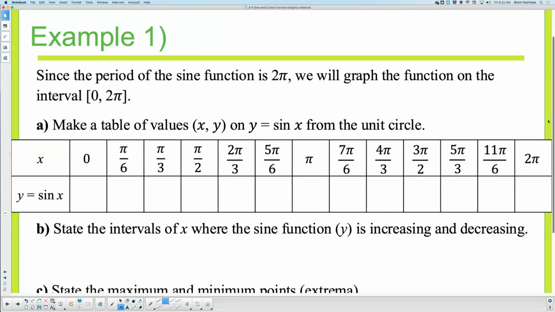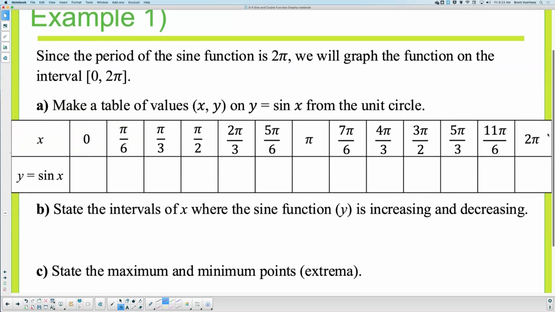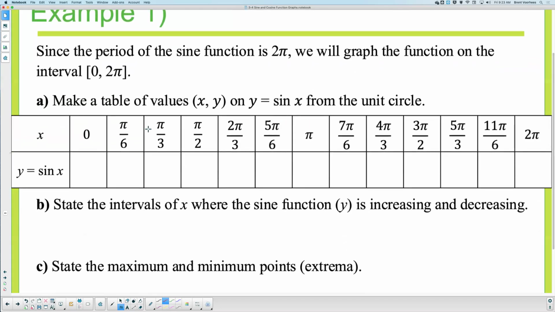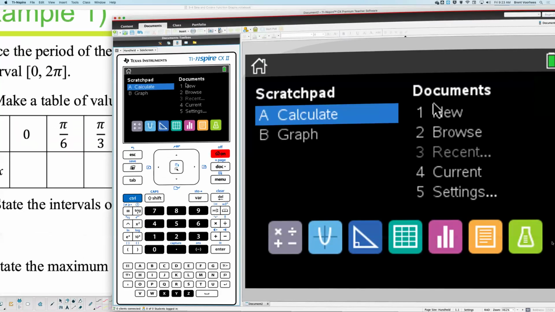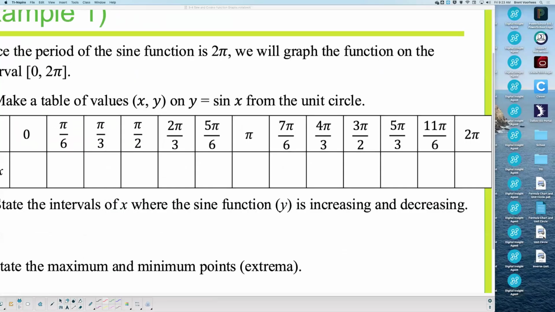From here, we're going to break it down and use all the hand trick values. So it says make a table of values on x comma y on y equals sine x from the unit circle. You could pull up a unit circle, which I have one. Let me pull it up. I have one right here.